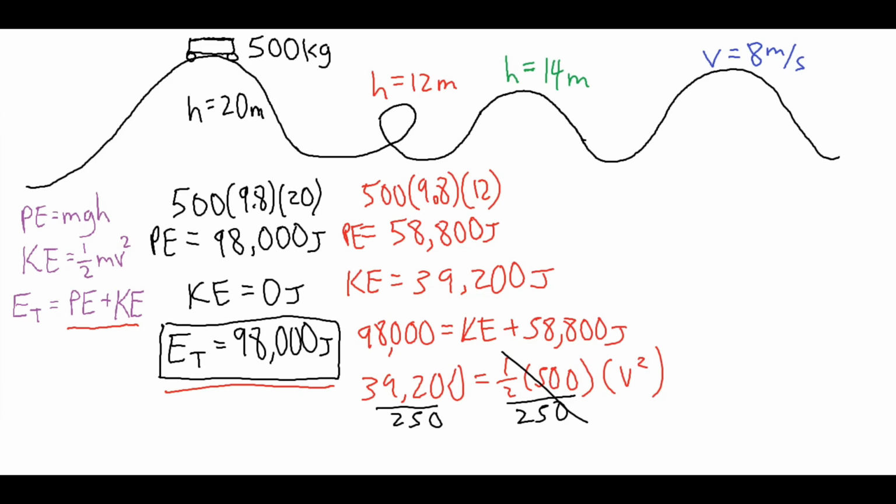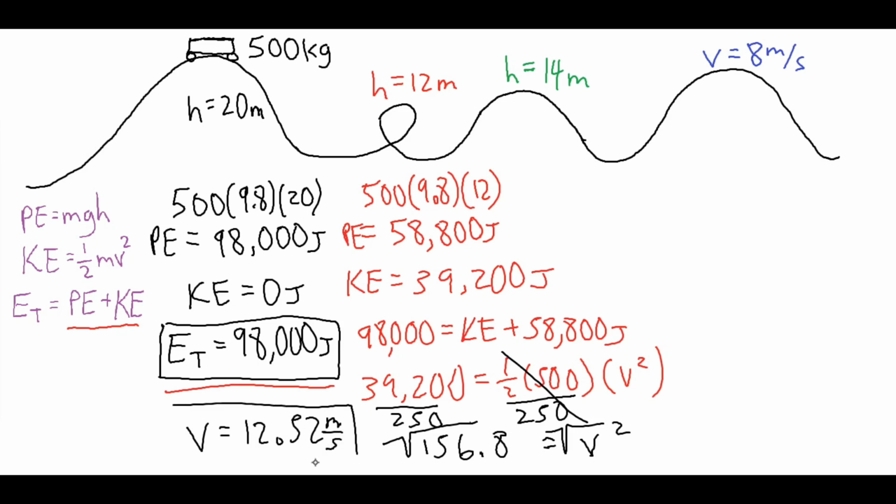And then I get a value of 156.8. My final step is to square root that value, and then I'll get my velocity, which comes out to 12.52 meters per second.